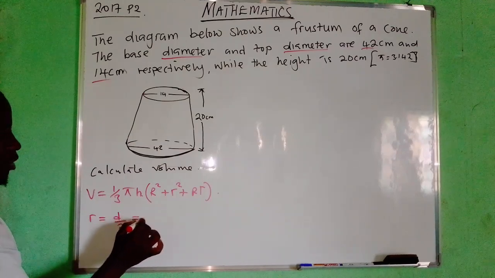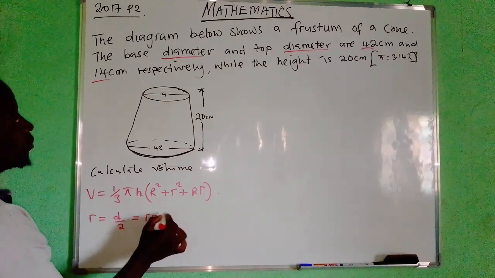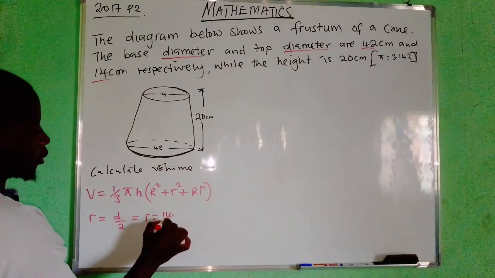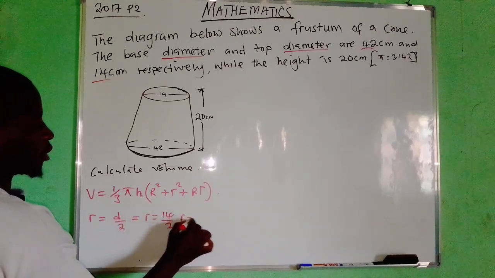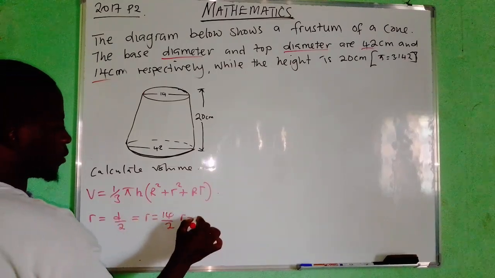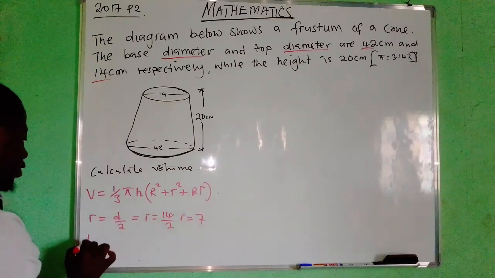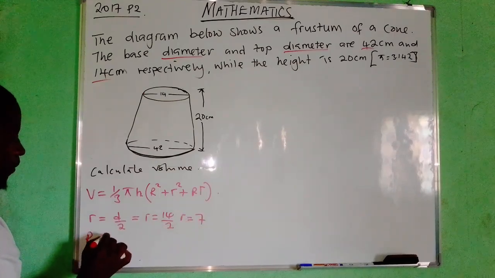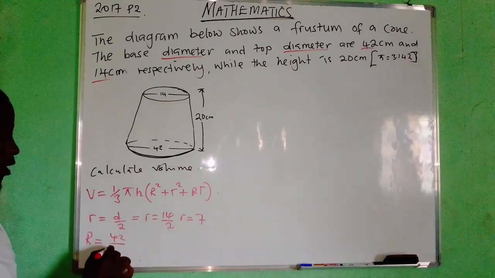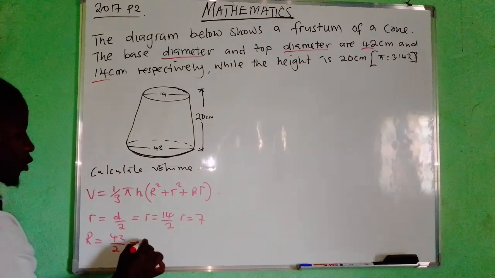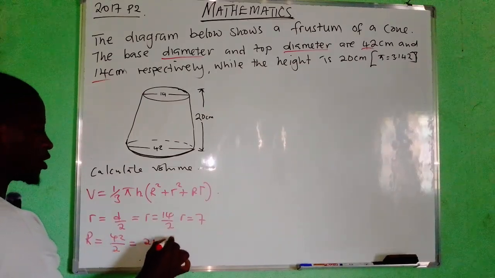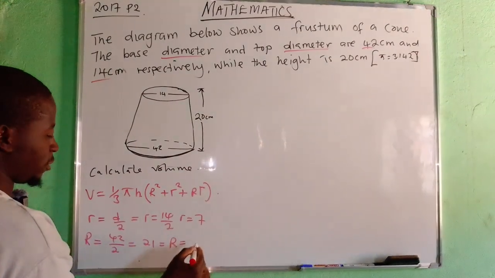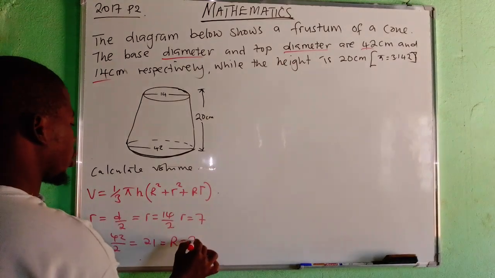So we say radius is equal to 14 divided by 2. So we have the radius of the smaller to be actually 7. Then the radius is equal to 42 divided by 2, which is going to give us 21. So the radius of the bigger part should be 21.